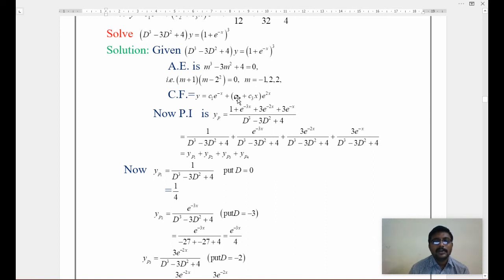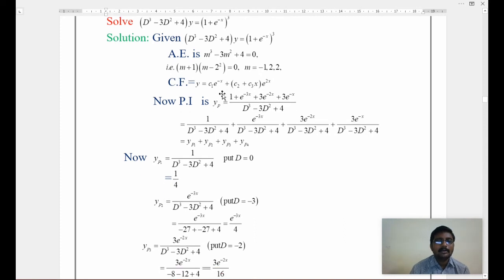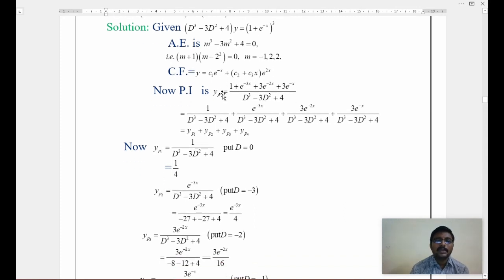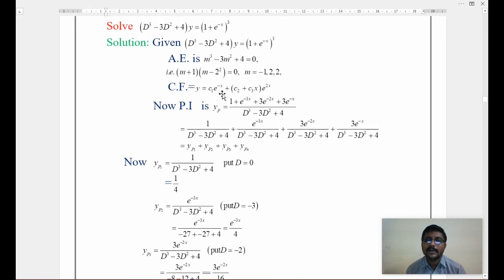Now the complementary function should be written by the nature of the roots. The first root is real and distinct, and the remaining two roots are real and equal roots, so the complementary function is defined like this. Now the particular integral is 1 by f of D into the right hand side function, that is 1 by D cube minus 3D square plus 4, and the right hand side function is (1 plus e power minus x) whole cube.